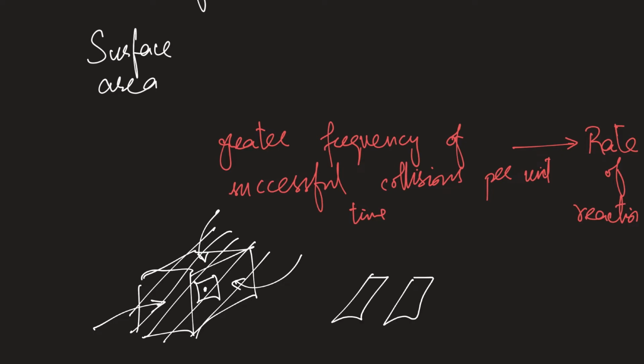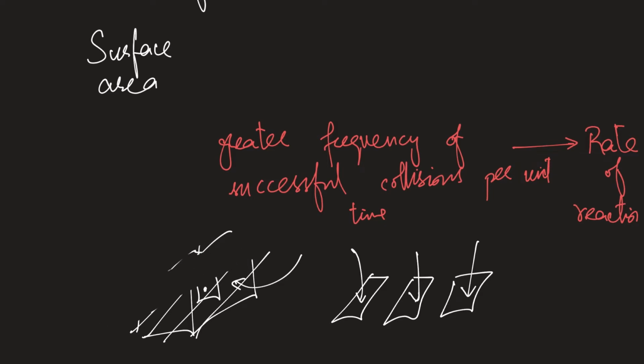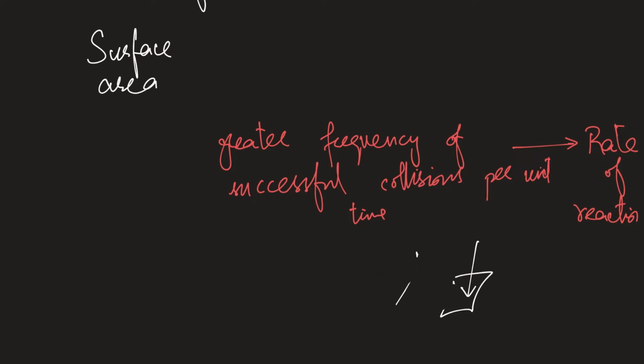Now I have multiple different slices, and all of these are open to collisions from external particles. So the idea is that if you have more particles exposed to these collisions, you will be able to get a greater rate of reaction. Why? Because the more the surface area, the greater the number of particles that are exposed for collisions, and so the greater the frequency of successful collisions per unit time, leading us to a greater rate of reaction.